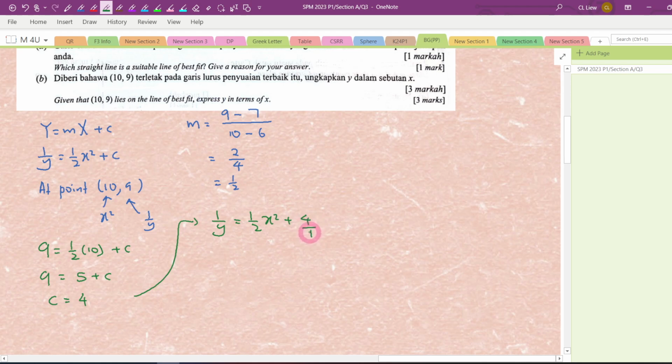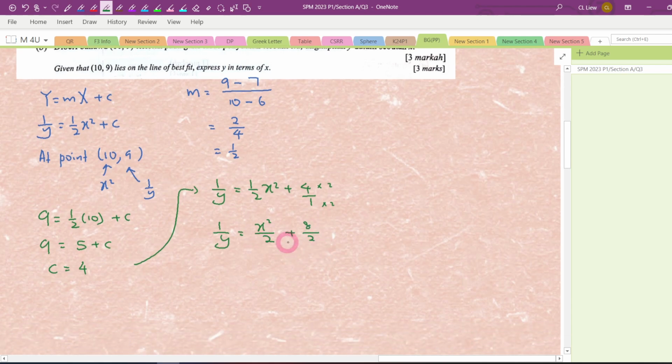What I'm going to do is times 2 over 2 so that both terms have the same denominator, then I can combine them together. 1 over 2 times x squared, you can write as x squared over 2, it's the same thing. Now they have the same denominator, I can combine these two fractions together, becoming x squared plus 8 over 2.